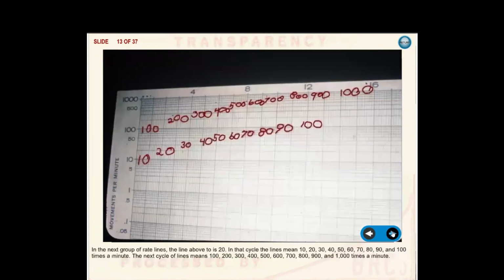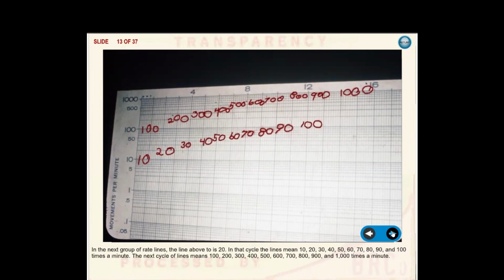In the next group of rate lines, the line above 10 is 20. In that cycle, the lines mean 10, 20, 30, 40, 50, 60, 70, 80, 90, and 100 times a minute.